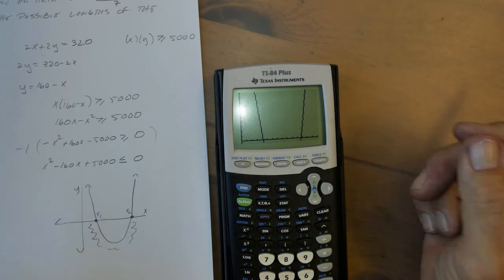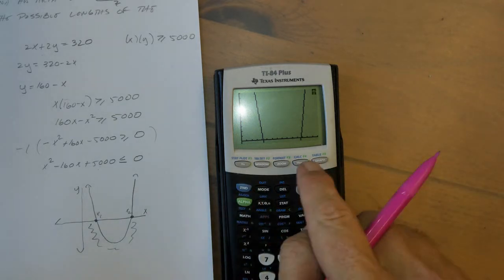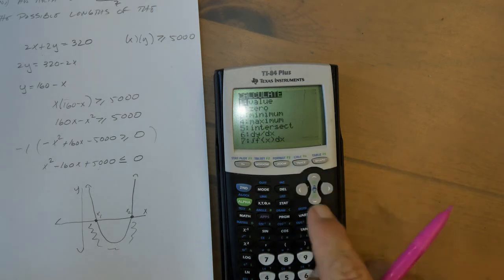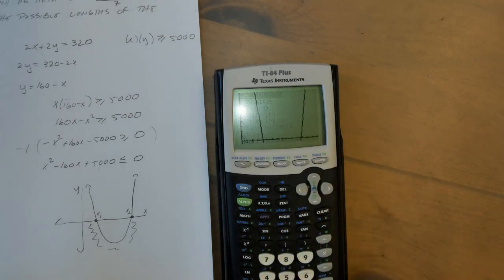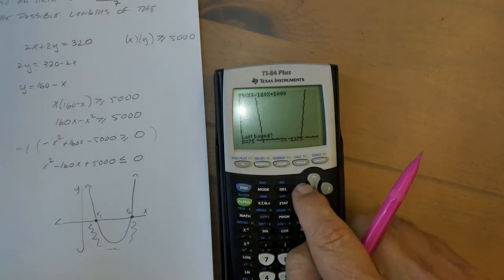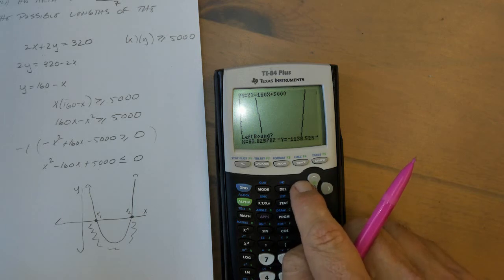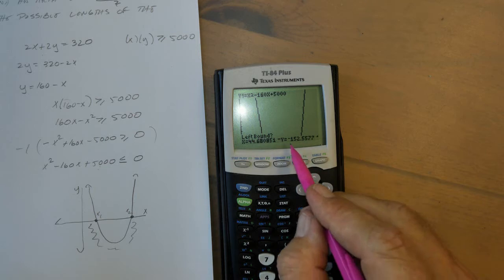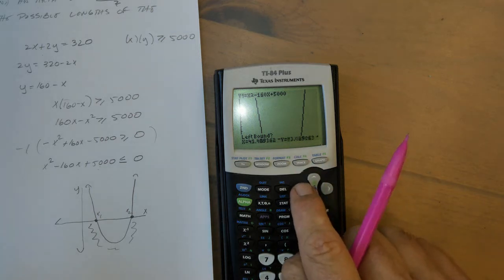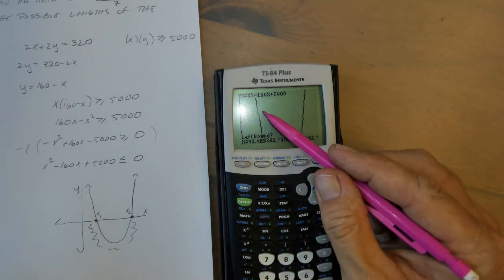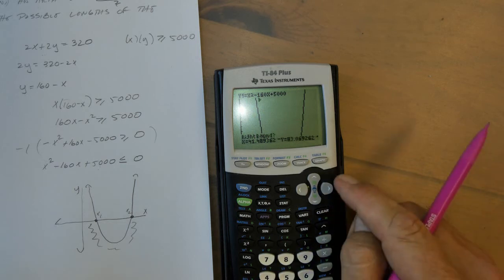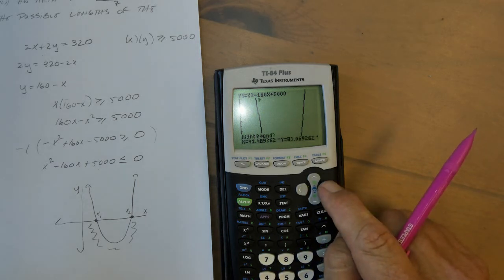So what we're finding are the roots, or zeros. Second calc, go to 0. It wants a left bound. I'm going to start by finding the left root, and I'm looking at my y values. I'm below the x-axis. Now I am above, so I am to the left. Now I'm going to move to the right for a right bound.